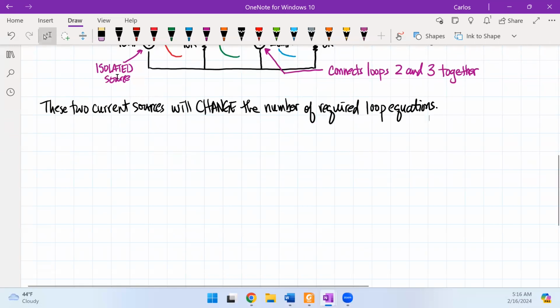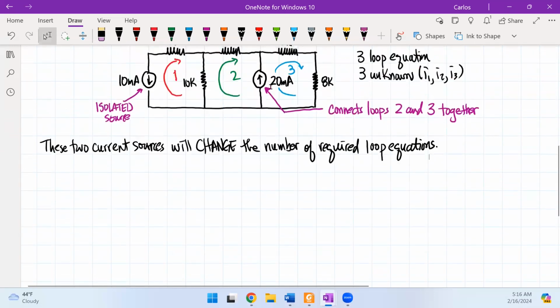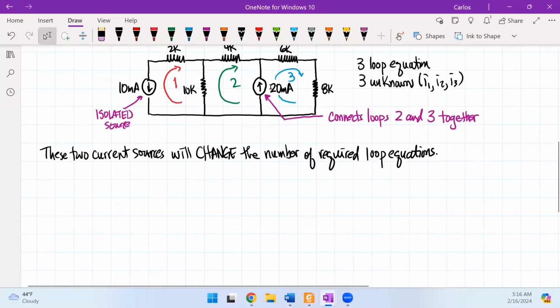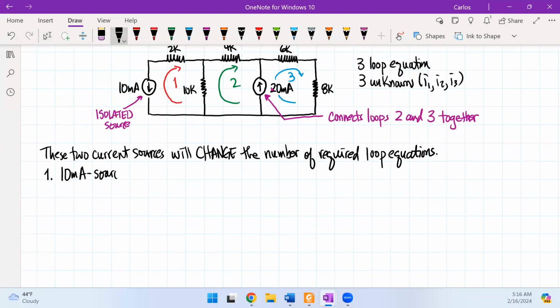We'll take each source one at a time. If you look at the first source, which is the 10 milliamp, I'm going to focus on the 10 milliamp source, which is isolated. Because it's isolated, KCL forces I1 to be exactly the same value as the current source.